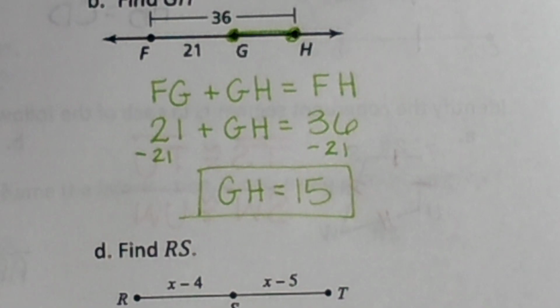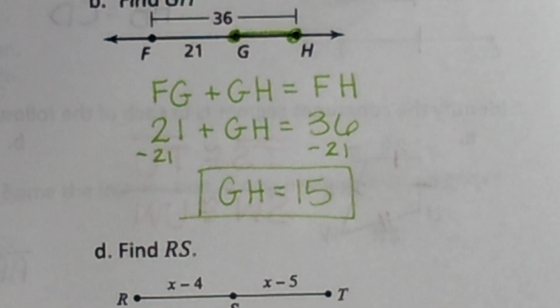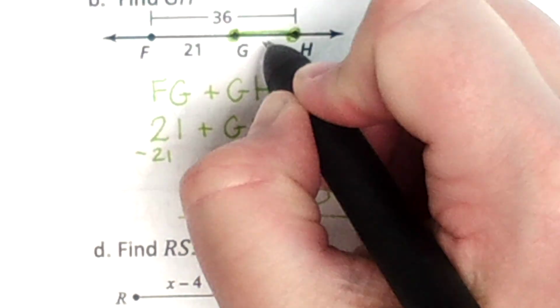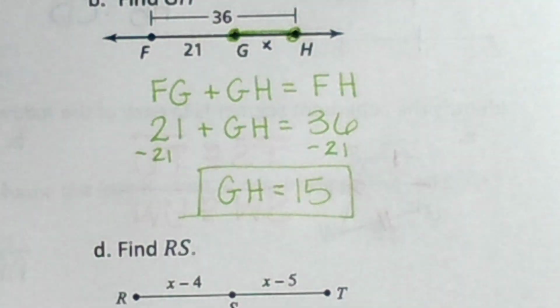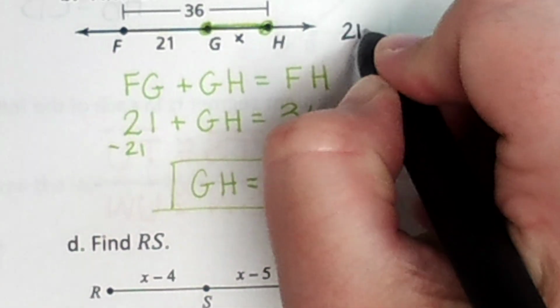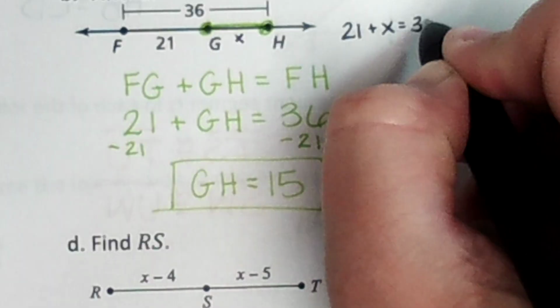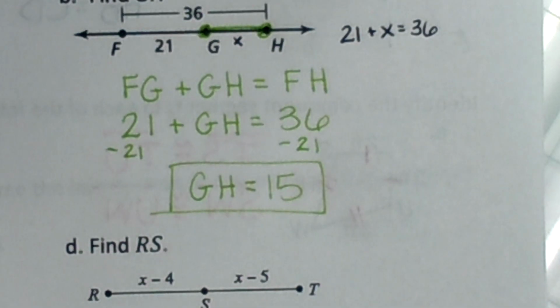I'm just not writing X, I'm writing the actual geometry notation. We do that in situations where there wasn't an X involved. If you really prefer, you could say, okay, if this is what I'm solving for, I'm going to call it X, and therefore 21 plus X equals 36. Or, on problems that are just straight numbers, could you have just subtracted? Yeah, if you recognize that, that's fine.